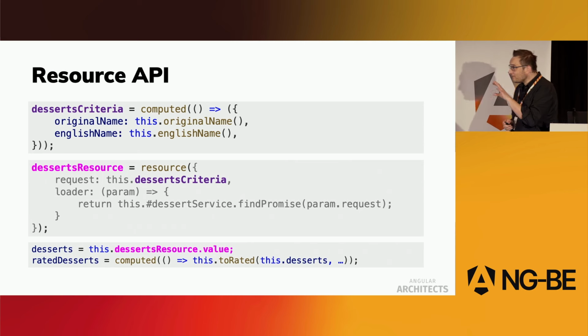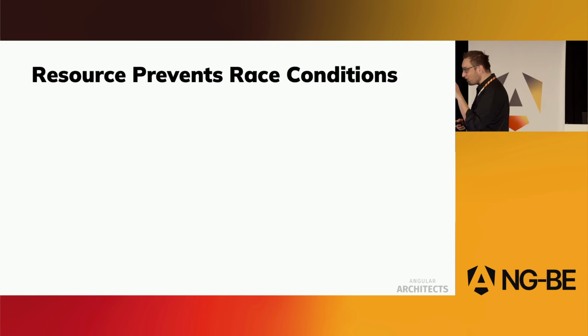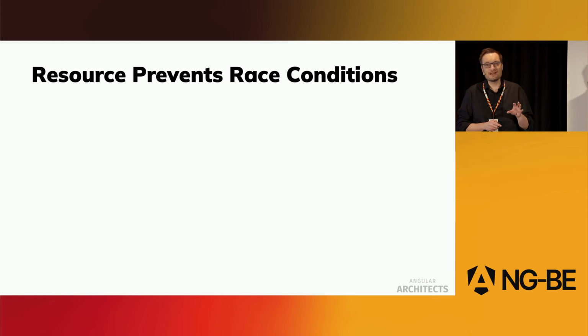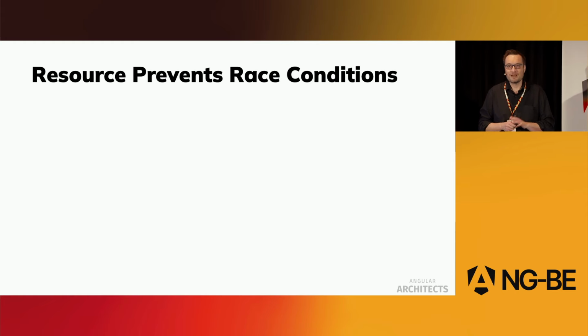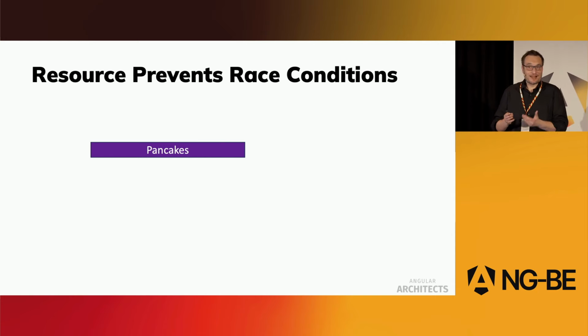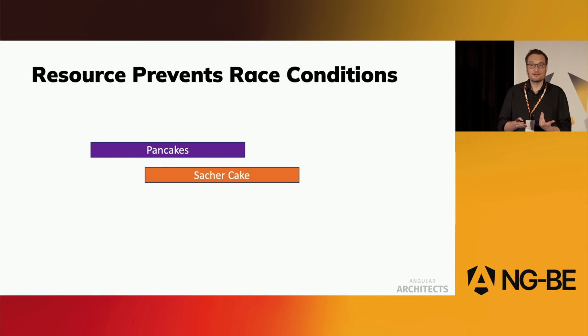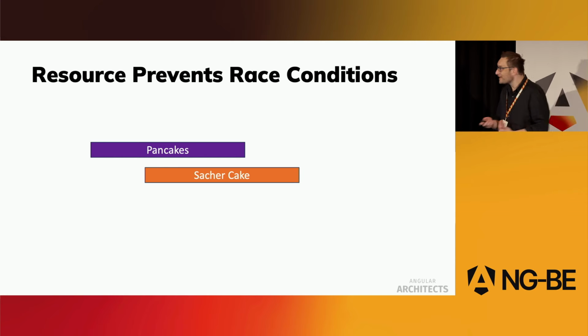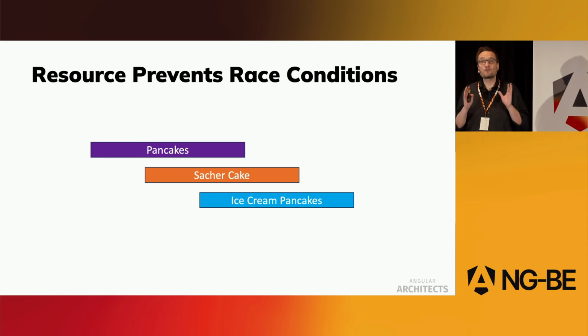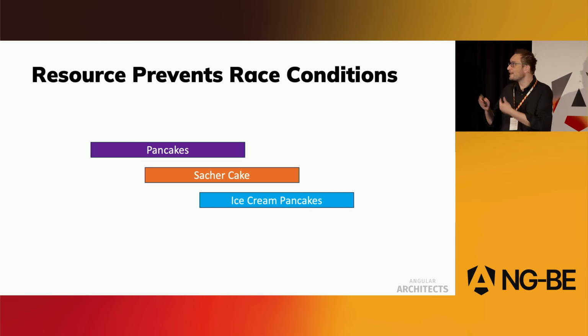This is quite nice, but there is another thing that is also worth to mention. The resource API can deal with race conditions. Just imagine someone is searching for pancakes. And then before they get their result, they are searching for Sacher cake. And before they get the result, they are searching for ice cream pancakes. So usually you would expect to only get the results for the last one, for ice cream pancakes.